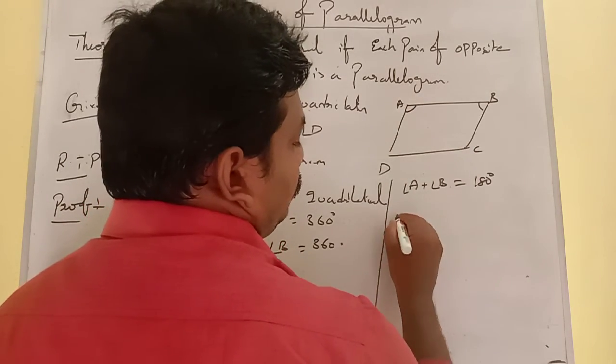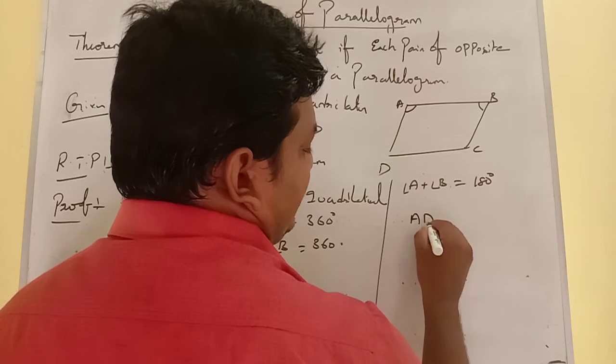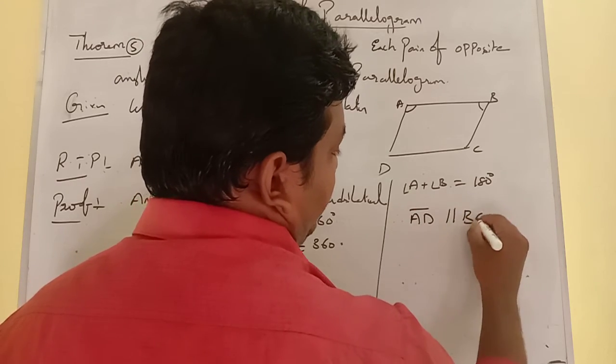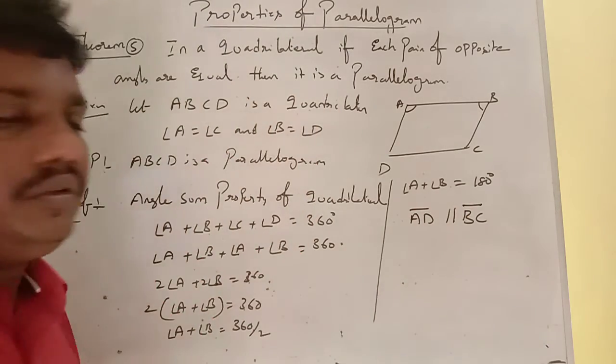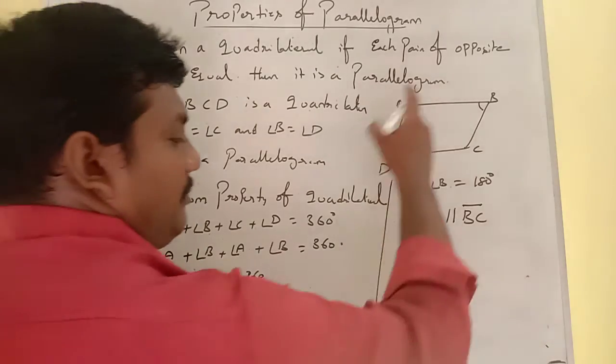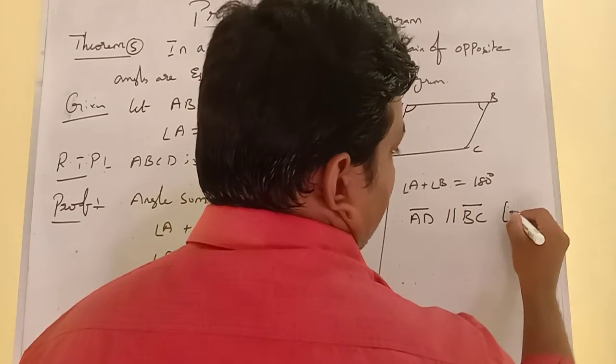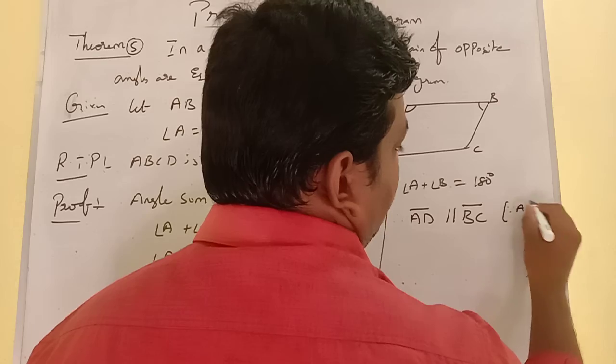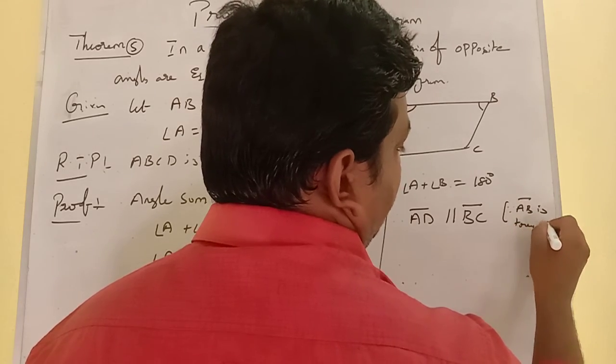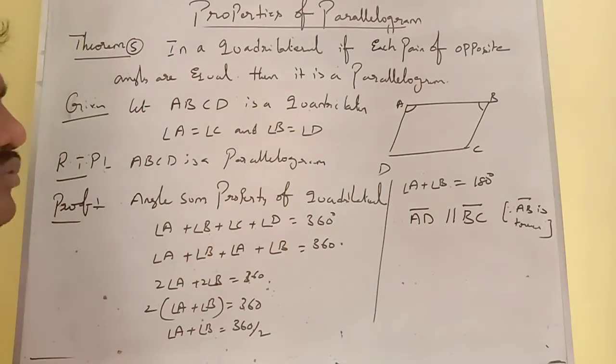Therefore AD is parallel to BC, since AB is a transversal.